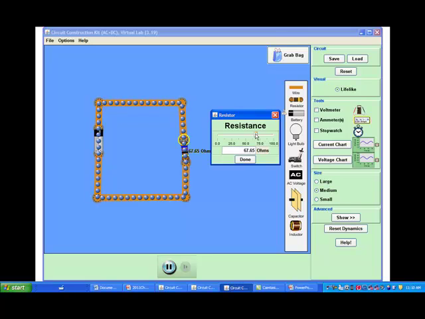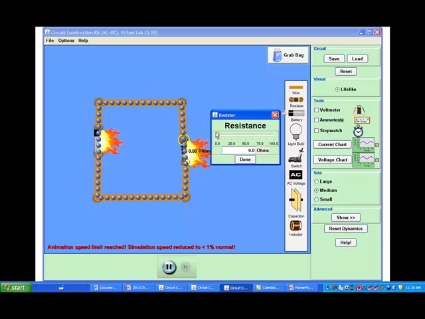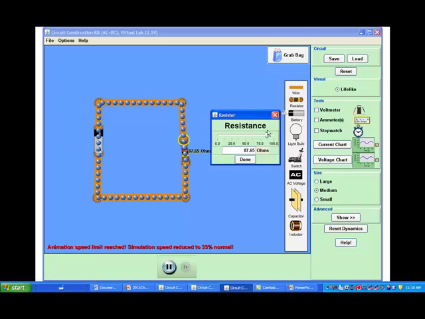Now, as we increase the resistance, the current, the number of electrons going by per second, goes up. Meanwhile, as we decrease the resistance, in this case, the rate is really going up. I think I said that backwards a second ago. As we increase resistance, the current goes down, and as we decrease resistance, the current goes up.